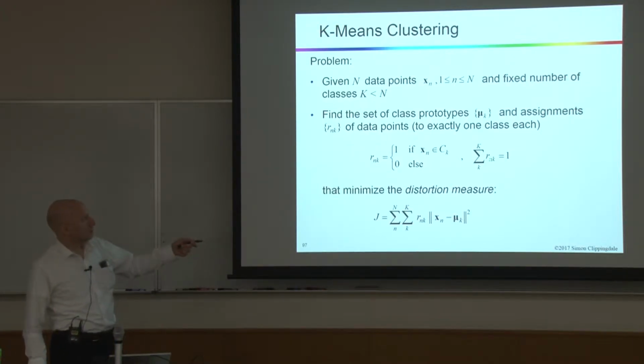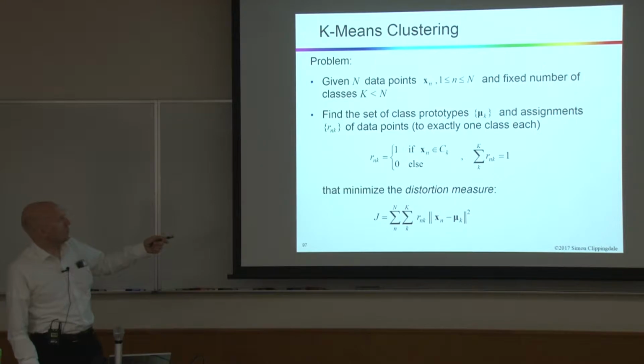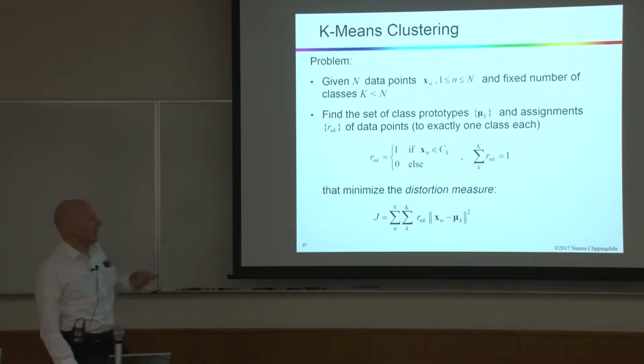So these class affiliations add up to 1. And so this thing is a 1 if the nth data sample belongs to the kth class, and it's a 0 otherwise. So you've got a matrix of zeros and ones there. And the objective function, this error function here, this is what we're going to try to minimize, and it's the weighted sum of the squared distances between each sample and the class mean that it's assigned to.